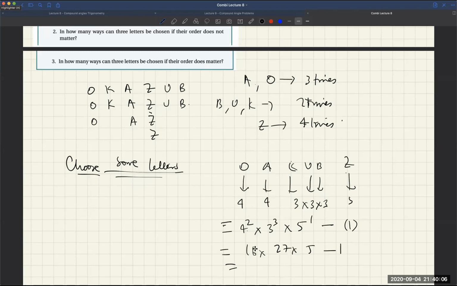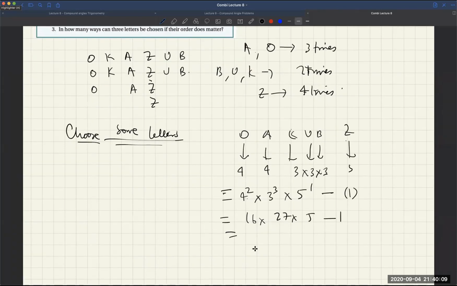So how much will this come out to be? 16 into 27 into 5, which comes out to be 2160, minus 1, which is 2159. I hope this is very clear, guys.